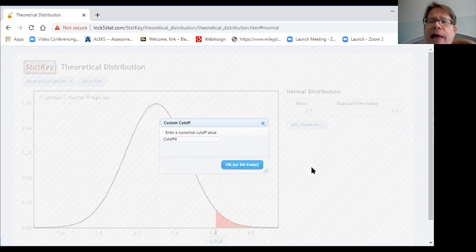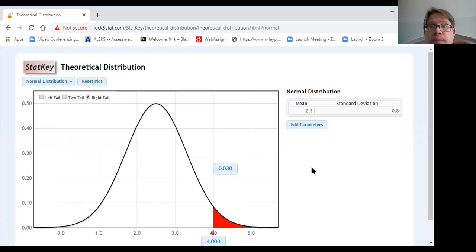So if the null hypothesis is true, then we would have a normal curve centered over 2.5 with a standard error of 0.8. And we can look and see what StatKey has told us. StatKey tells us that the area to the right of x bar equal to 4 is 0.03.